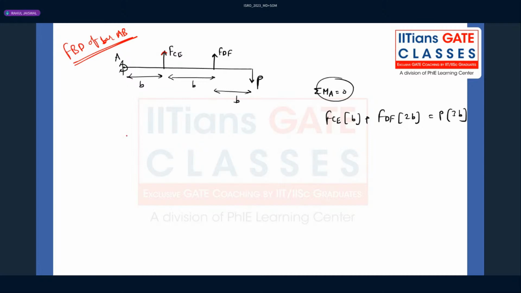Now when it is deflected, it will be deflected like this, because the bar is rigid and there cannot be any deformation. So it cannot deflect like this, it is not possible.